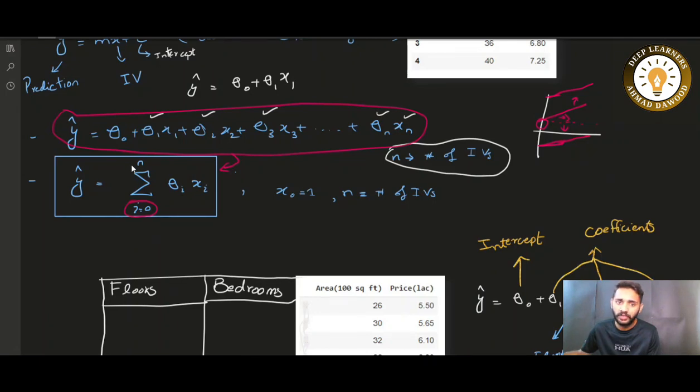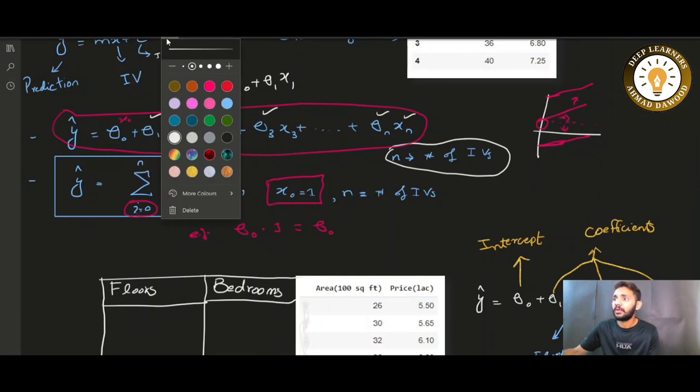In some books you will also see this type of notation, where i is equal to 0, and we have theta 0 x0, then theta 1 x1, theta 2 x2, and this x0 we simply hard code to be equal to 1, always. So when you multiply theta 0 with 1, it's the same, equal to theta 0. So I have just changed the notation here.